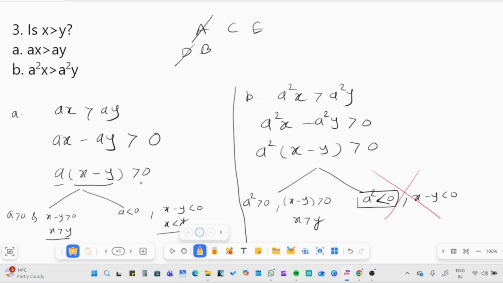So for this question, only this is true. So from this possibility, I can say that x is greater than y. Certainly we can say that x is greater than y. So our answer must be option B, because from statement B, I can say that yes, x is greater than y. Hence our answer is B for this question.